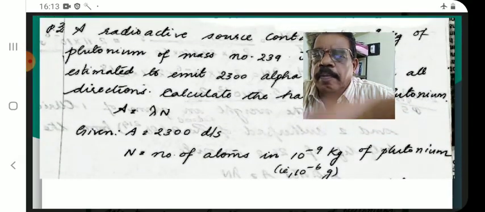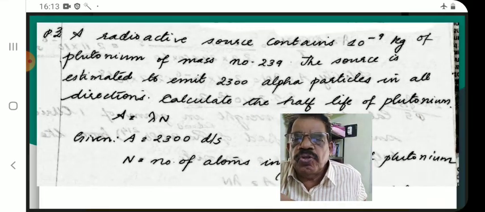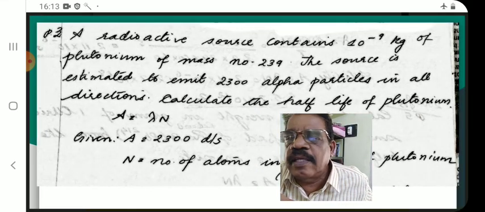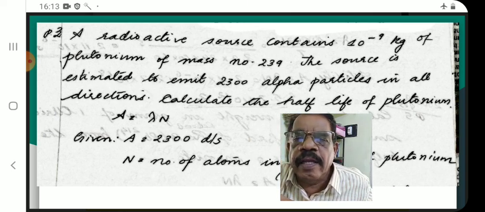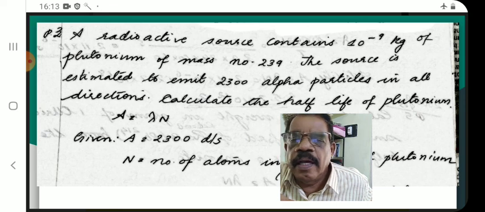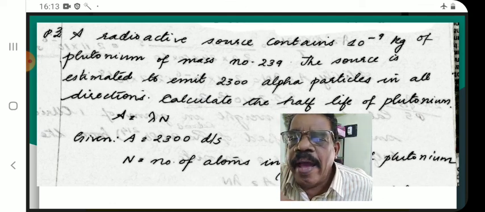Next problem. A radioactive source contains 10 raised to minus 10 kilogram plutonium of mass number 239. The source is estimated to emit 2300 alpha particles in all directions.